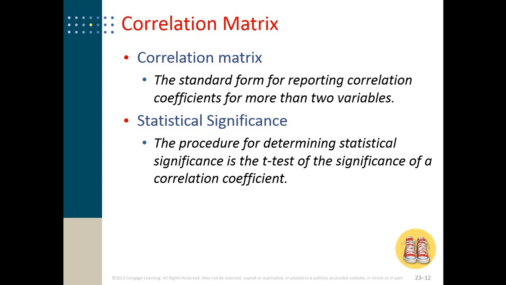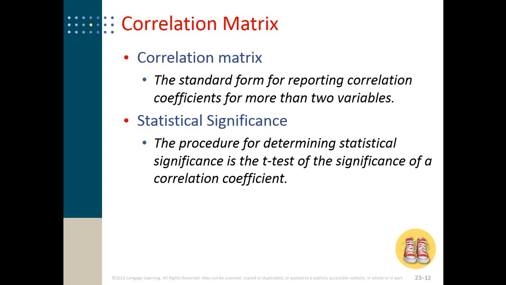In this case, we also perform a t-test that we learned in the last class, and we test a null hypothesis that the correlation coefficient is equal to 0. Can you remember, in the last lecture we saw null hypotheses, for example, x is equal to y, or a certain variable is equal to a benchmark. So in this case, we test the null hypothesis that the correlation coefficient is equal to 0.